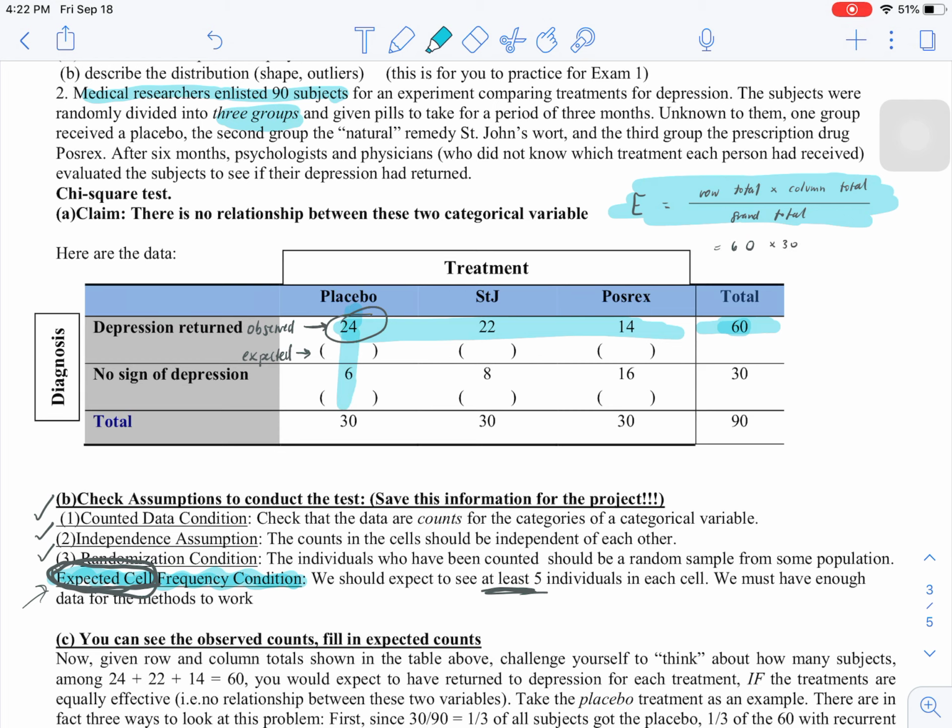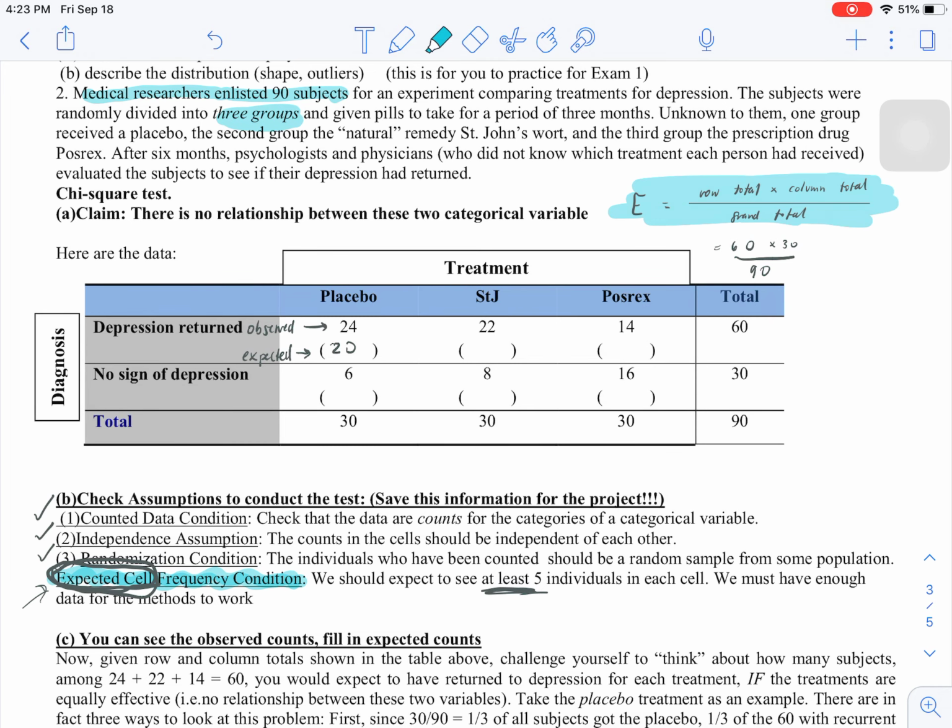The grand total is the total number of counts in our entire table. So 24 plus 22 plus 14 plus 16 plus 8 plus 6 is 90. So our expected cell count for this first cell is 60 times 30 divided by 90, which is 20.